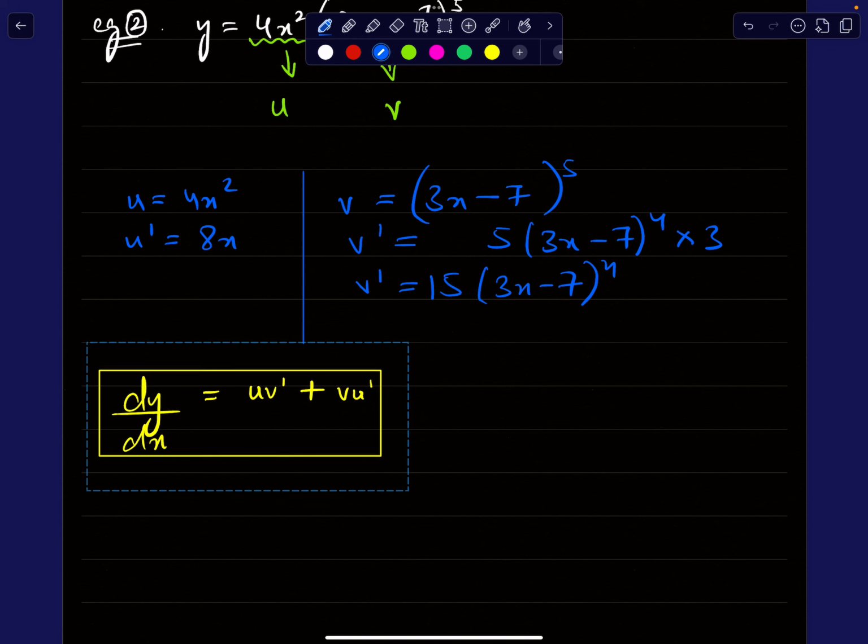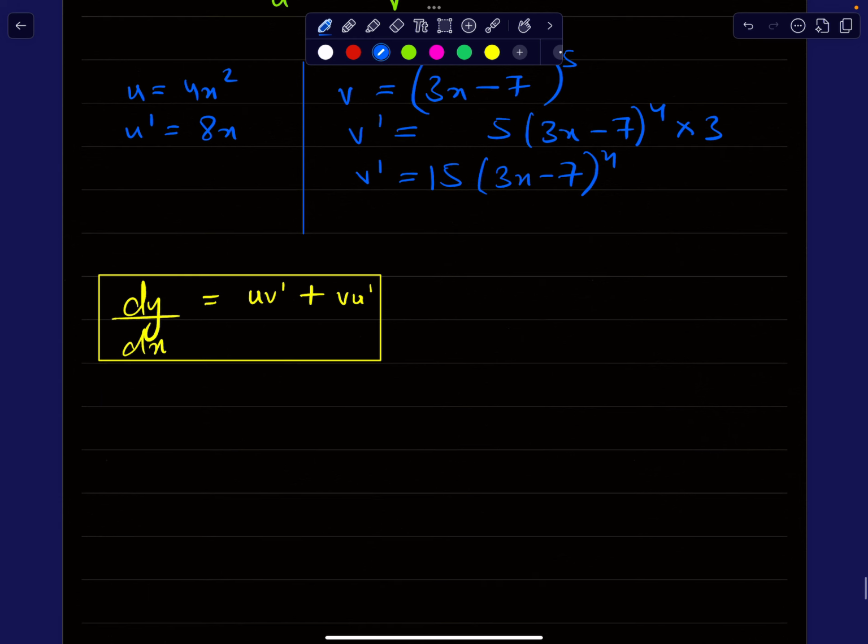Simply substitute the values as they are. So u is 4x squared, v prime is 15 times 3x minus 7 to the whole power 4, 15 is out of the brackets mind you, plus v, 3x minus 7 power 5, u prime 8x.